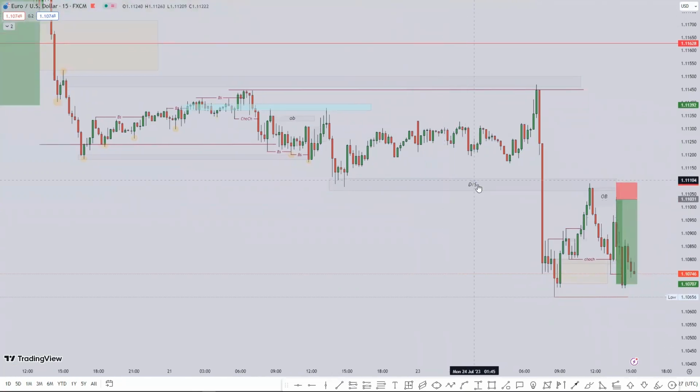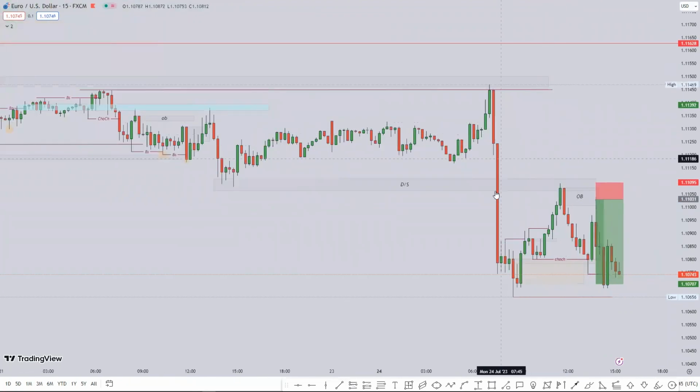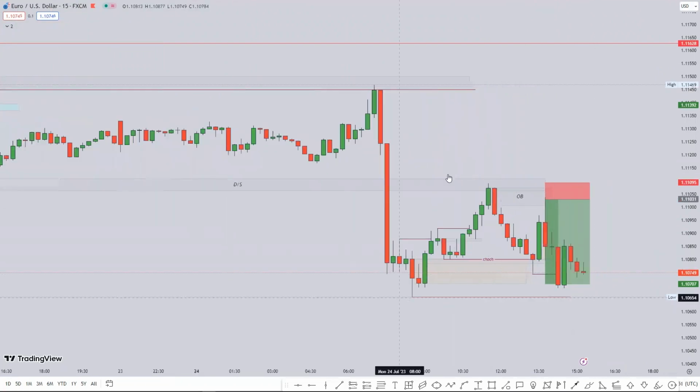The reason why I named this demand or supply area is that there were two strong impulse moves here, 1, 2, which broke this. So definitely price will try to balance certain things, which price got into that area and is now coming down here.